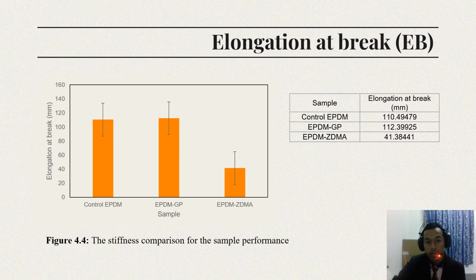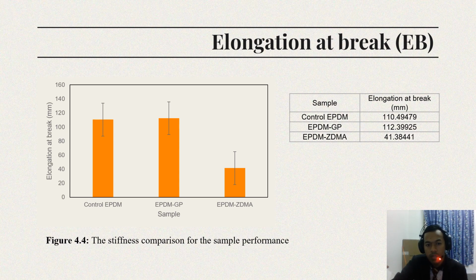For elongation at break, this test identifies how much a material can be stretched from its original size before breaking. From the result obtained in the table in figure 4.4, the presence of GP and ZDMA in EPDM waste gave different results on the ductility of the rubber.